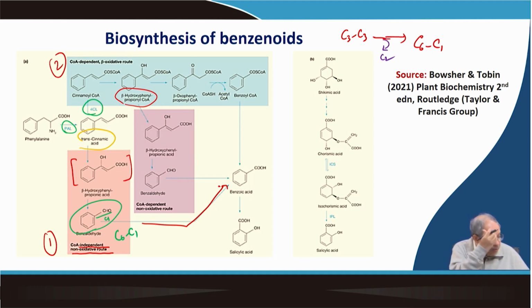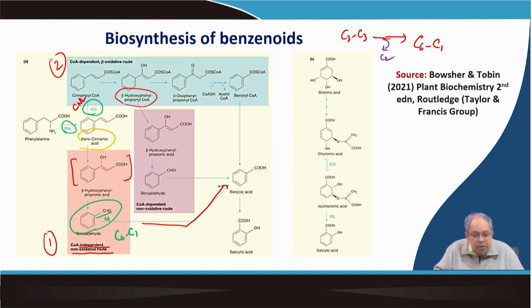So, here it involves different enzymes. For example, from cinnamoyl CoA, this is 4CL, there is another enzyme called CNL. CNL is basically a specific enzyme which contributes towards the formation of this benzenoid structure.